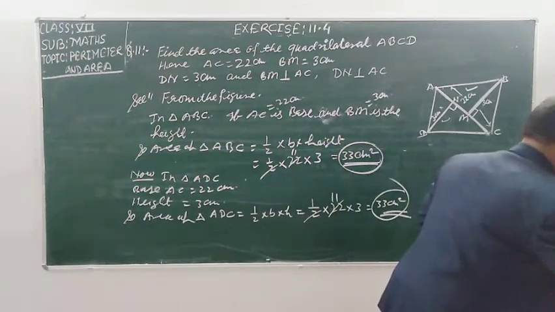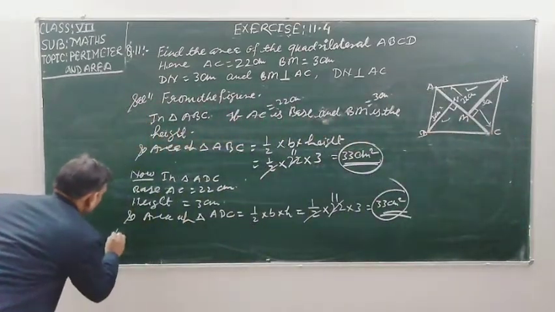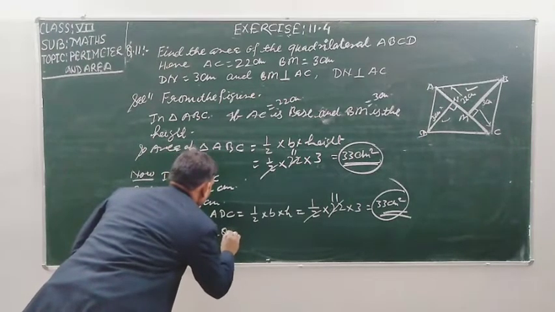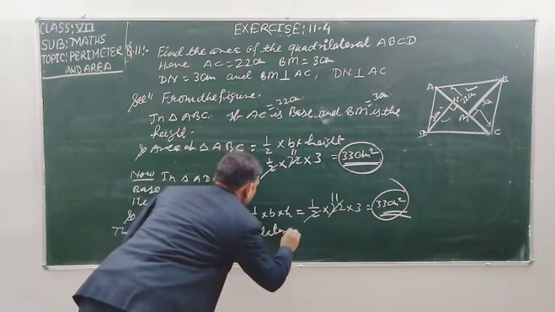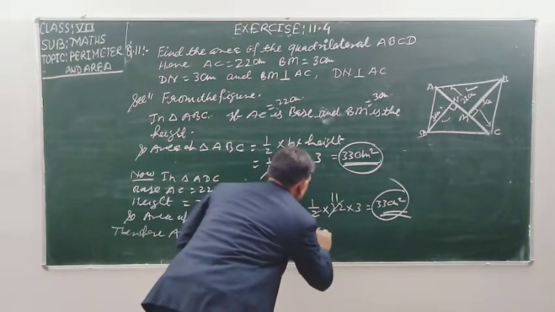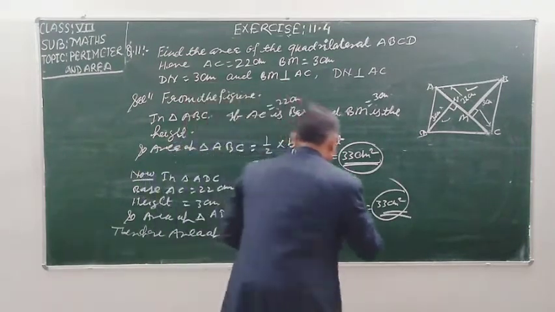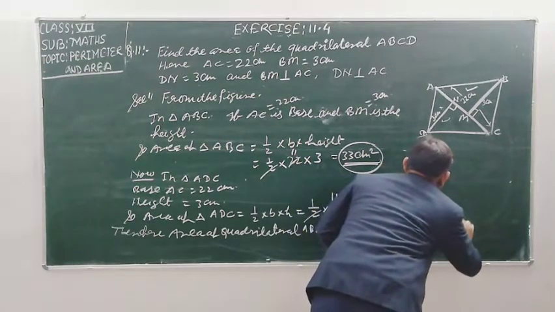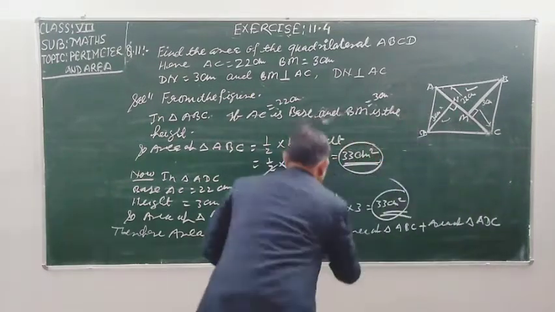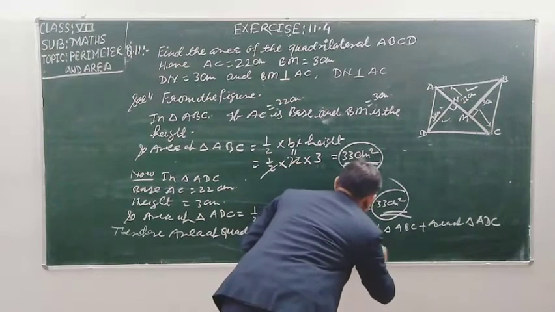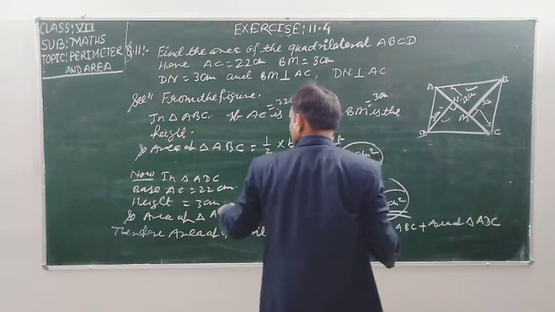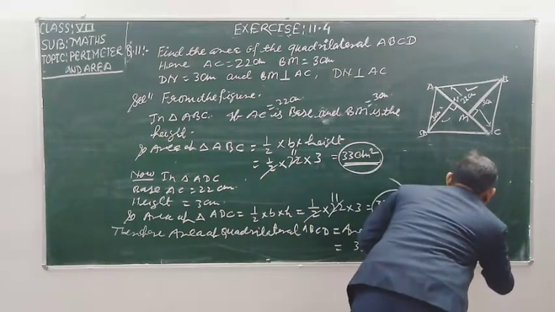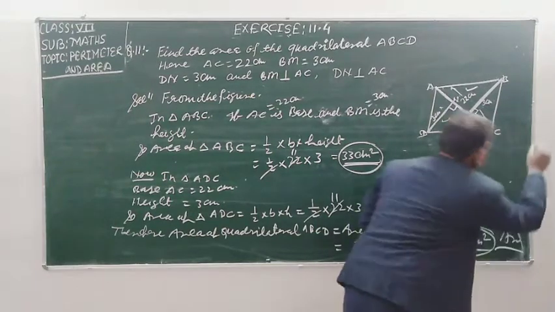At last, in the last line, student, we can write, therefore, area of quadrilateral ABCD is equal to area of triangle ABC plus area of triangle ADC, is equal to 33 centimeter square plus 33 centimeter square, is equal to 66 centimeter square, is the area of the quadrilateral. This is my answer, student.